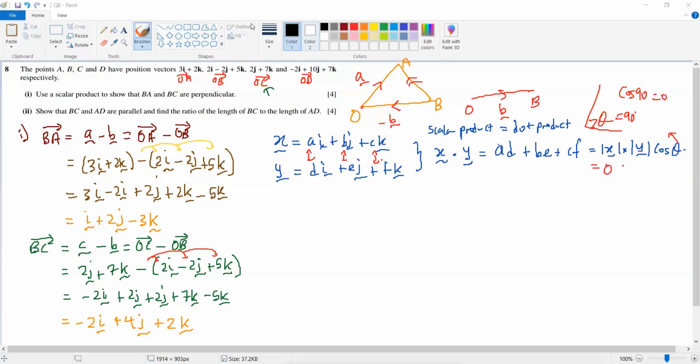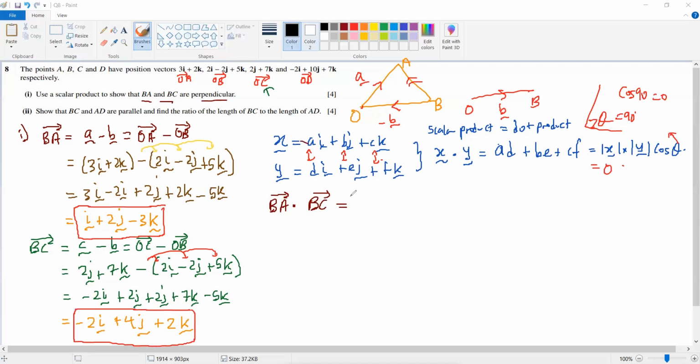So that's the reason. I'm giving a theory behind it. So that is why we're going to calculate now the dot product for these two vectors to see whether it is 0 or not. So BA dot BC, the two vectors they want to show are perpendicular. Let's take the numbers accordingly. You all can see here. I just show it visually, comparing the numbers in this box with the numbers in this box in that order.